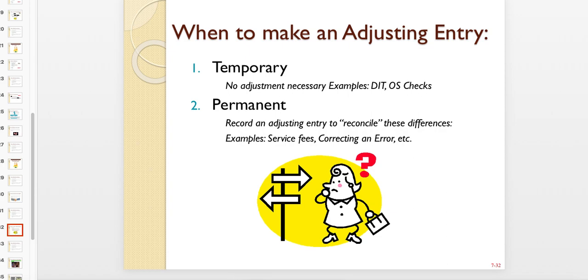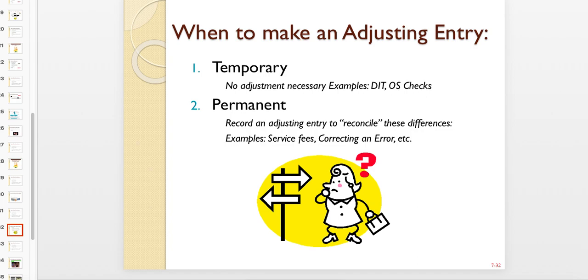But when you do need to make an adjustment, that is when the difference is permanent, meaning that unless you adjust your books or record something, they're never going to equal out. So these examples are really the differences on the book side.